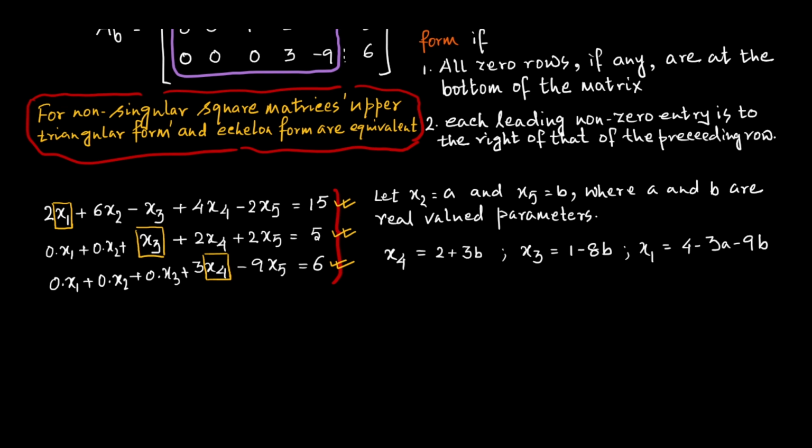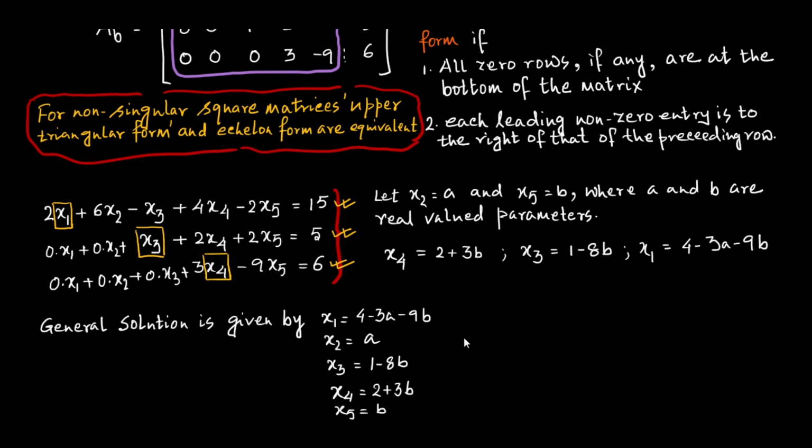Therefore, the general solution is given by x1 equal to 4 minus 3a minus 9b, x2 equal to a, x3 equal to 1 minus 8b, x4 equal to 2 plus 3b, and x5 equal to b. What are a and b? a and b are real valued parameters, so they can be any real numbers.